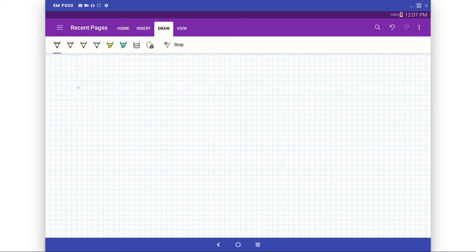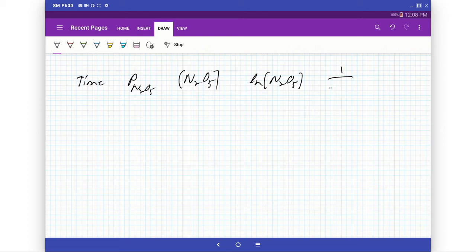And so just to put things in here, make my table, I have time. And we're going to have pressure of N2O5, concentration of N2O5, the natural log of the N2O5 concentration, and 1 over the N2O5 concentration.